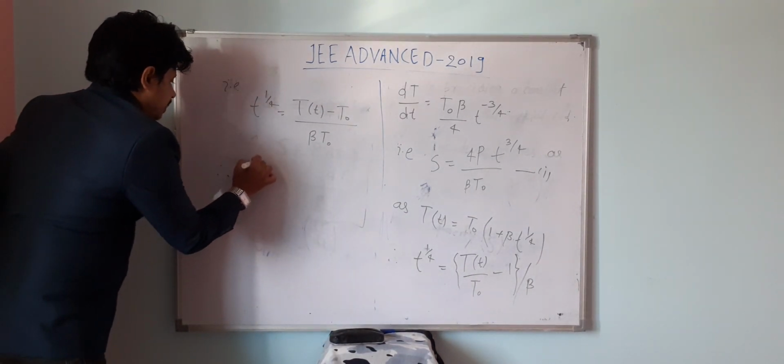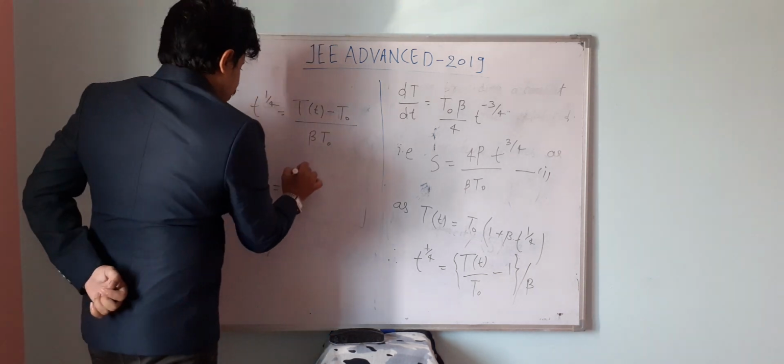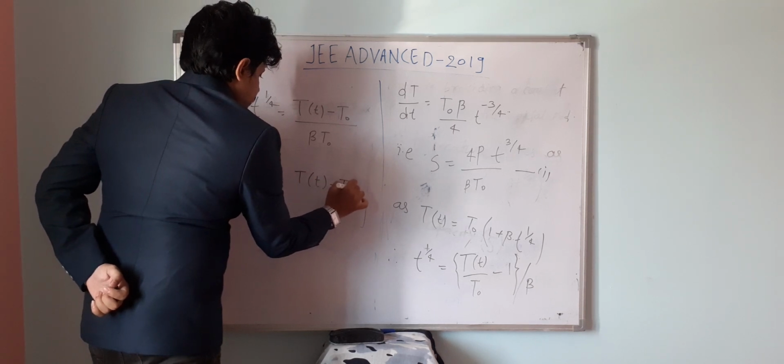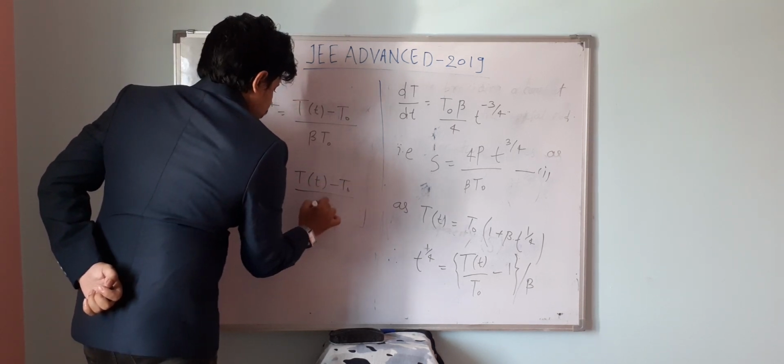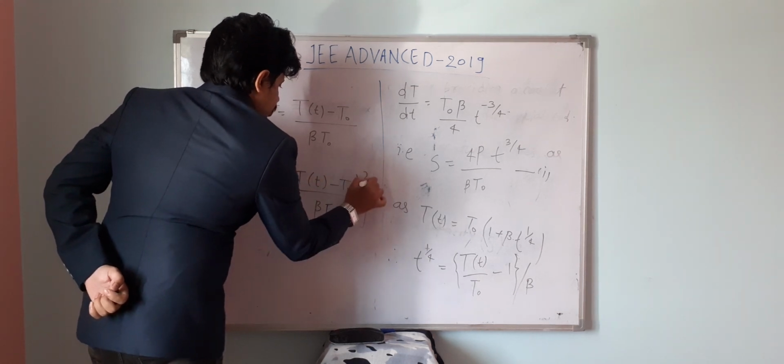So t to the power 3 by 4 is equal to T minus T naught by beta T naught, whole cube.